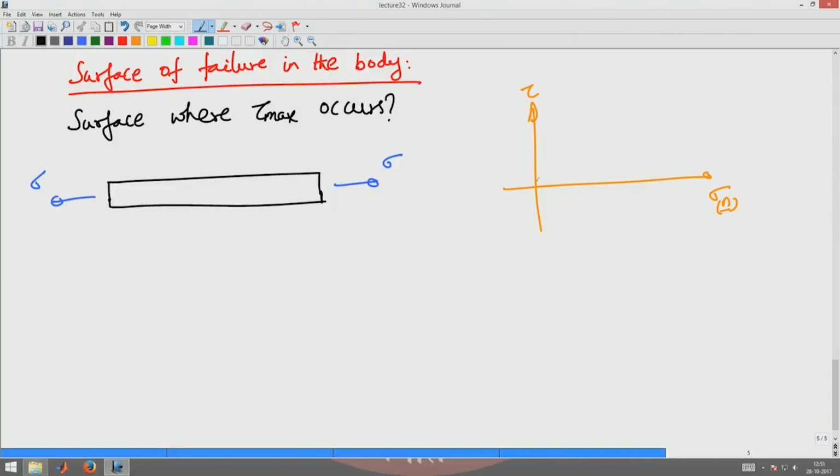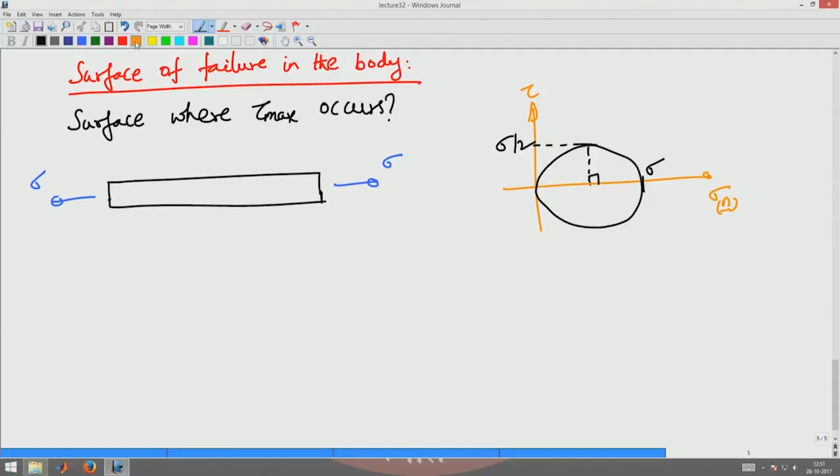For this, the Mohr circle would be like that, and you know that 0 and sigma are the maximum and minimum normal stresses in the Mohr circle, and tau max is sigma by 2, that we found also occurs at a 90-degree orientation from this plane. A 90-degree orientation in the Mohr circle corresponds to a 45-degree rotation.